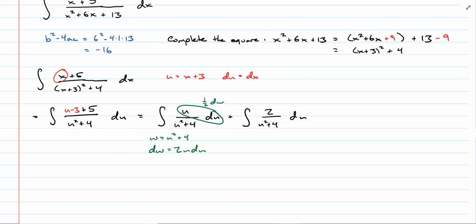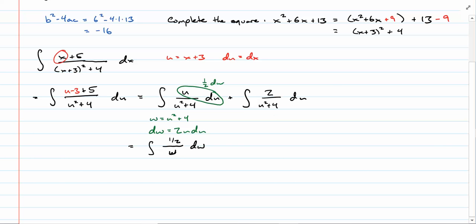And so this is going to work. This is just going to become the integral of a half dw over w. I got my fraction bar, I got a w on the bottom, and then my u du became a half dw. So making that little substitution, that's going to end up being a half natural log of w.